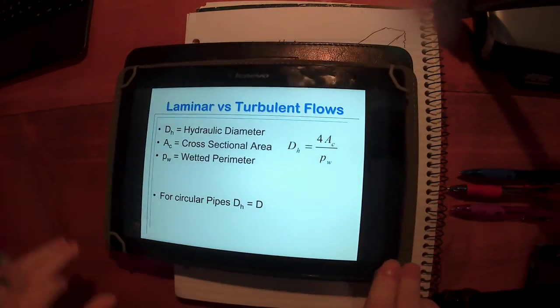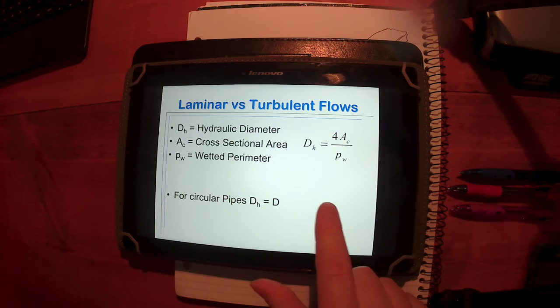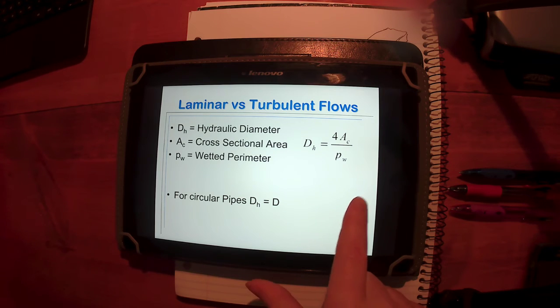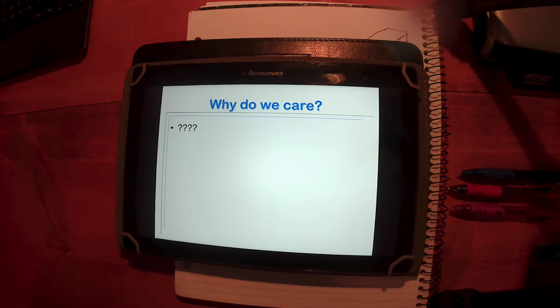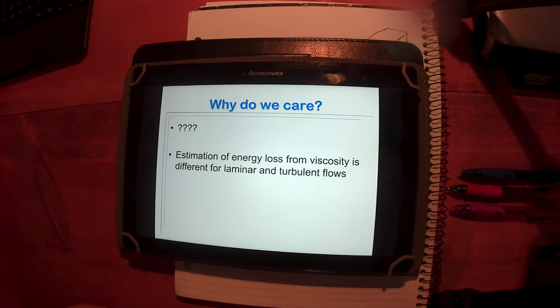So, most of the time we're going to deal with circular pipes. Most of the time our hydraulic diameter is going to be simply the diameter of the circular pipe. Why do we care? You guys know me, I like to ask this question sometimes. Why, Steve, why in the world do we care? Well, again, I've tried to lay this out pretty hard at the very beginning. Estimation of the energy loss from this viscous flow is going to be different whether it's laminar or turbulent flow.